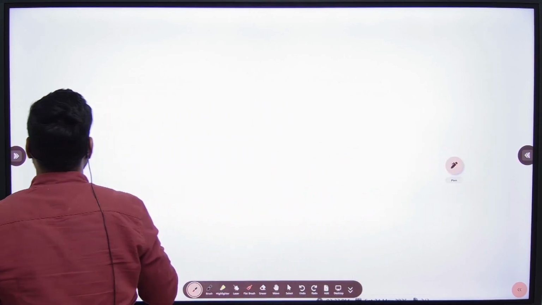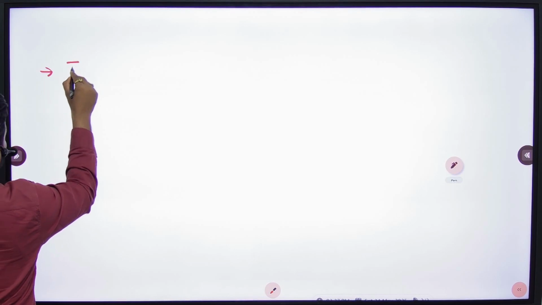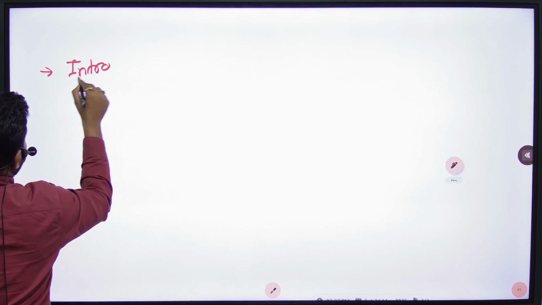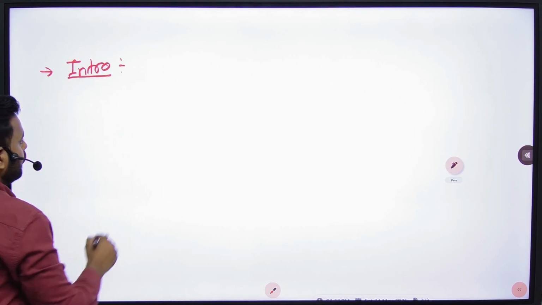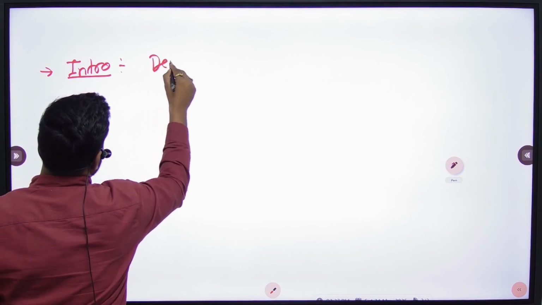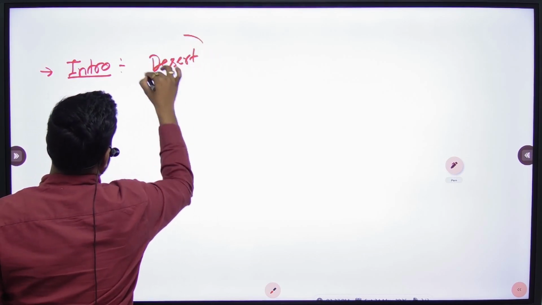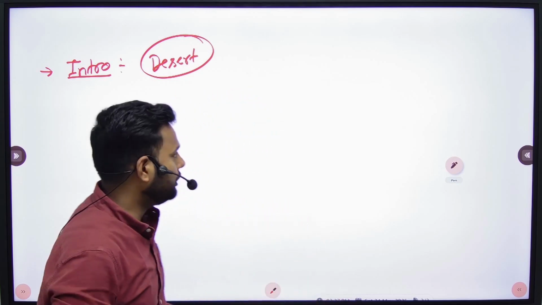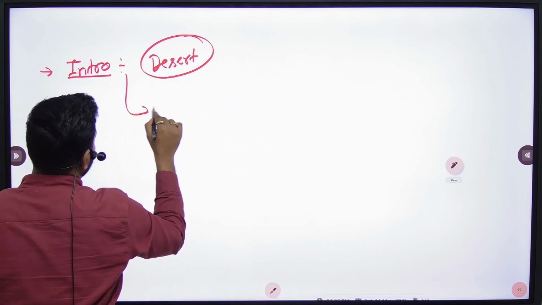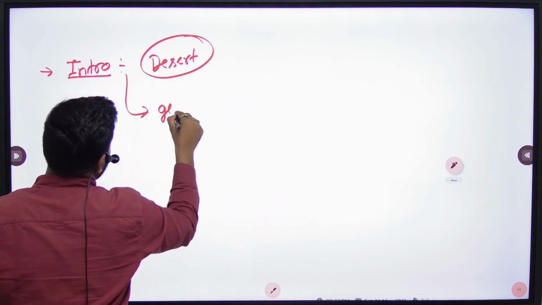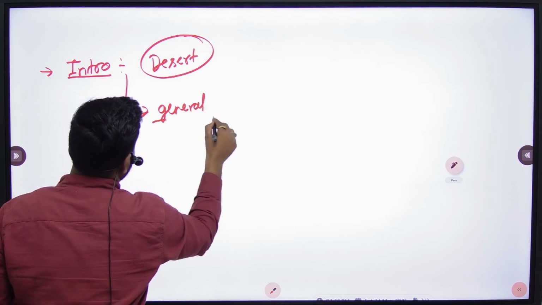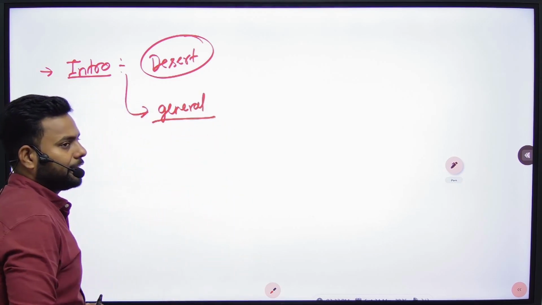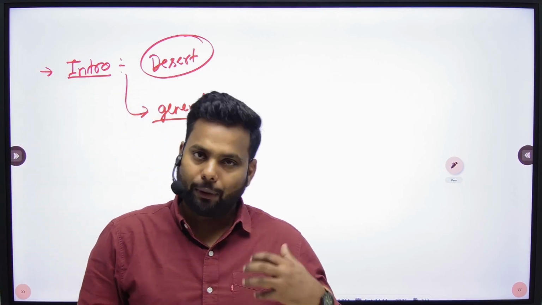So in the intro you should start from the definition of desert. Either you should start from the definition of desert, or you should start from the general simplification of the question.